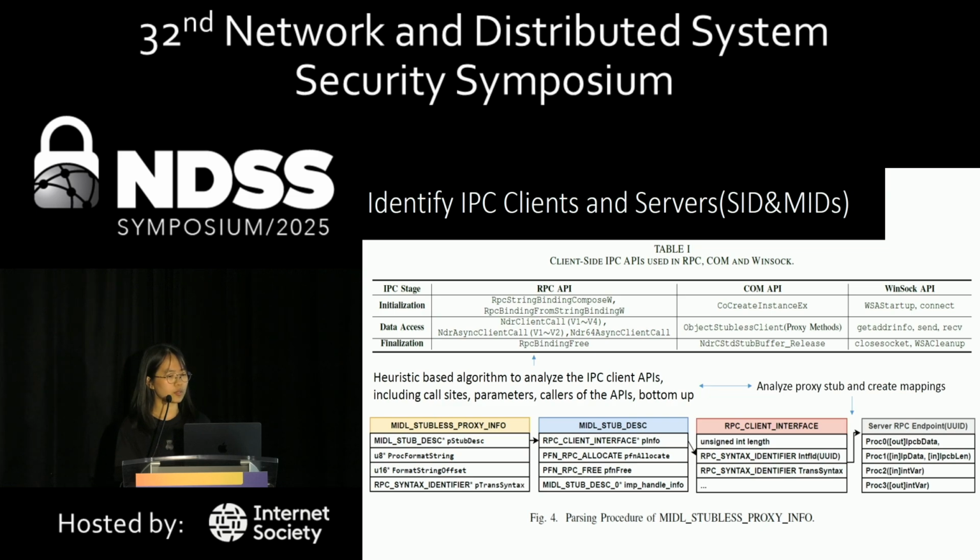This allows us to identify which module and function are calling the IPC methods. Next, we analyze the processing of these IPC methods to figure out which server API each IPC call will go to. In this way, we establish a mapping between the server and the client methods.